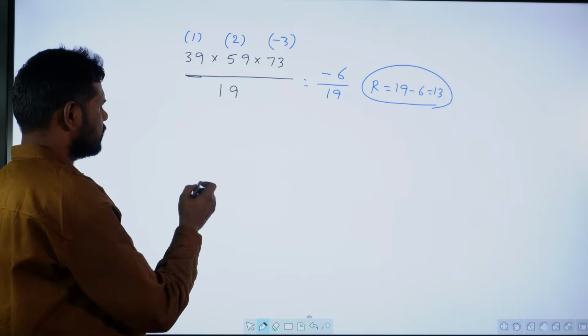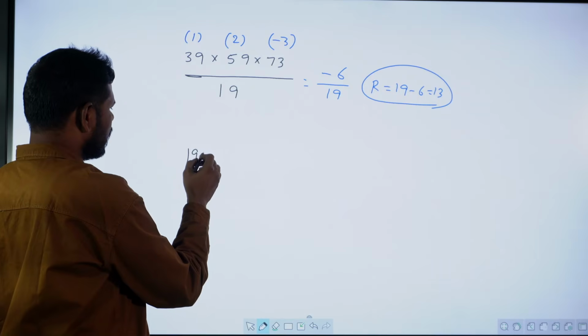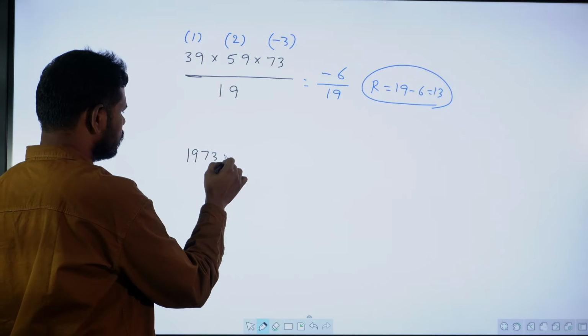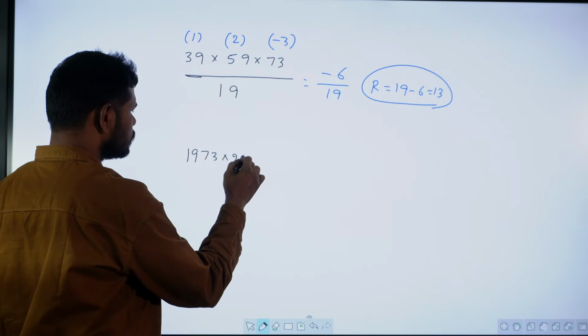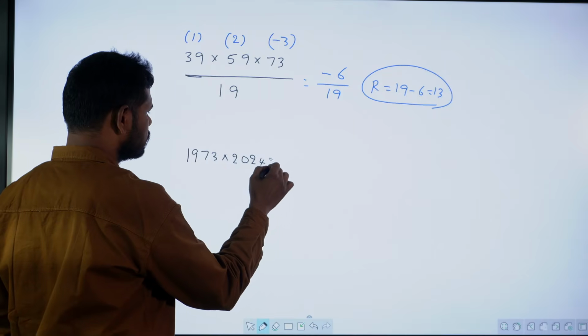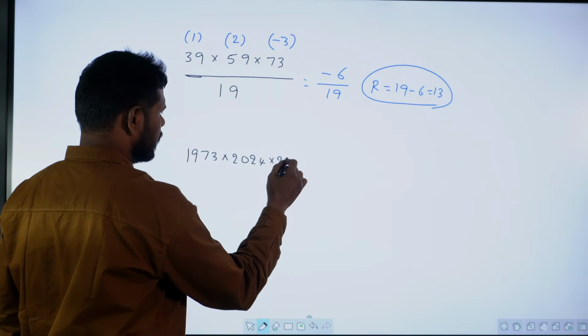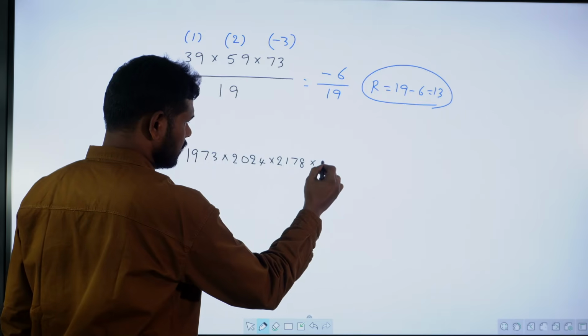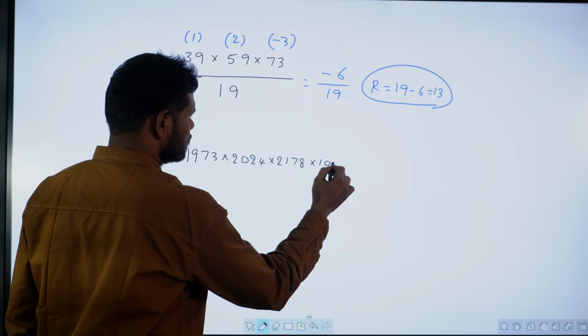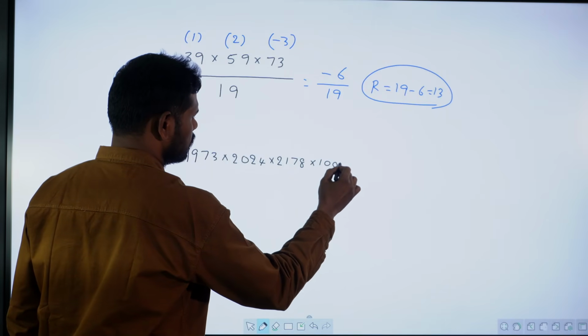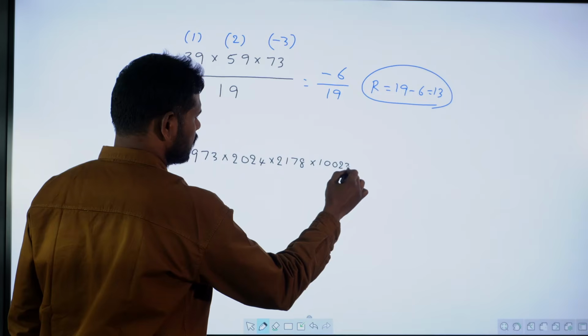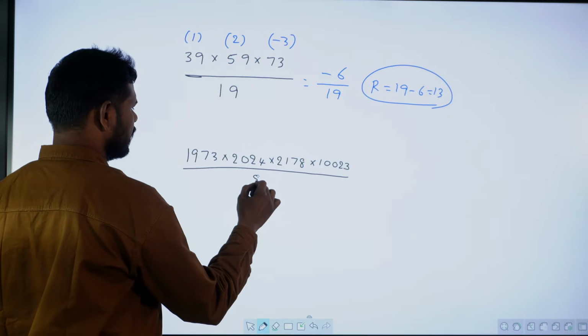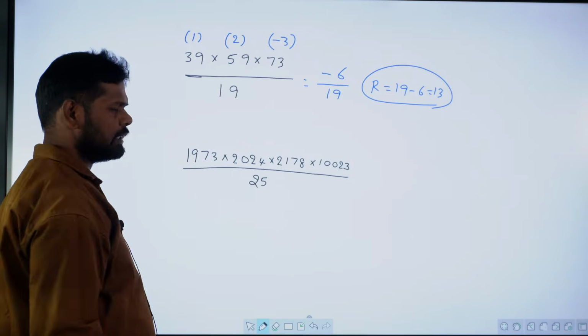Whatever the case is, suppose 1973 into 2024 into 2178 into 1002 is divided by 25. What is the remainder?